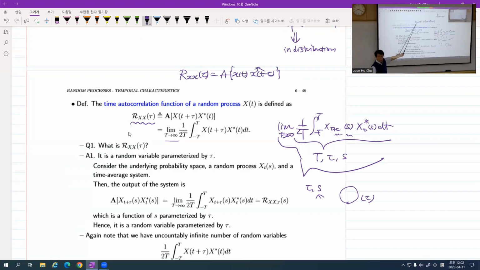Here, lowercase x, and here, just capitalized X. The same notation they have, right? So now you have what? A random variable parameterized by tau. Got it? So it's a random variable parameterized by tau. So this is what I've just talked to you about, right?